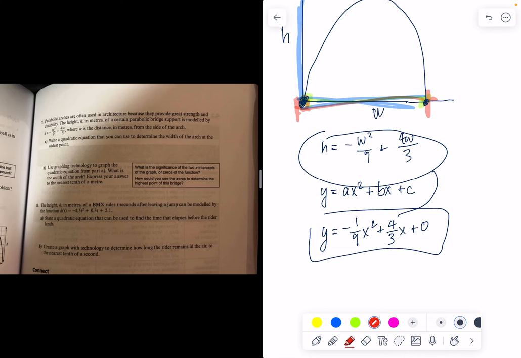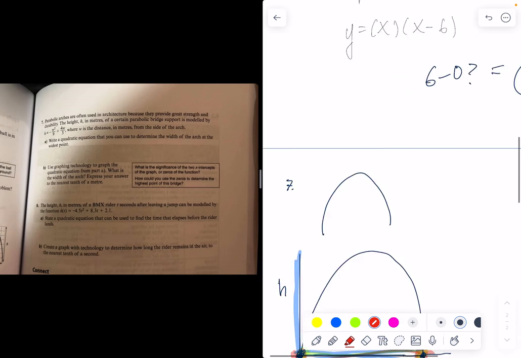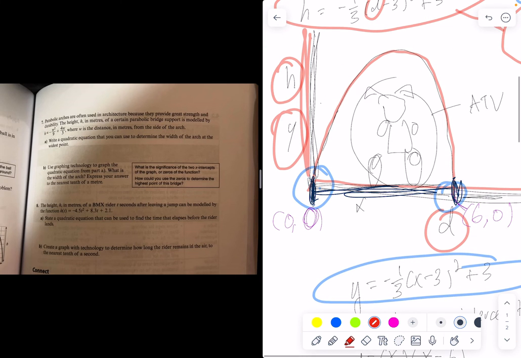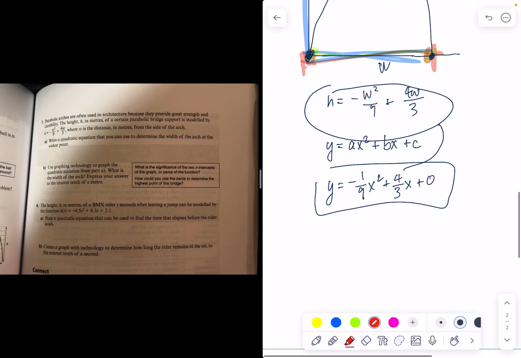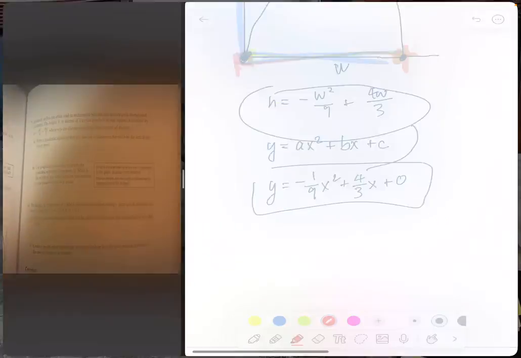Like in question 6, we counted 1, 2, 3, 4, 5, 6. Congratulations, the width is 6. It's literally the same thing. It says use graphing technology. You don't have to use graphing technology. You can factor this, but personally, I don't want to. So let's use graphing technology.